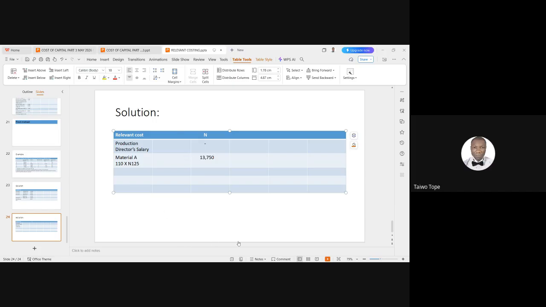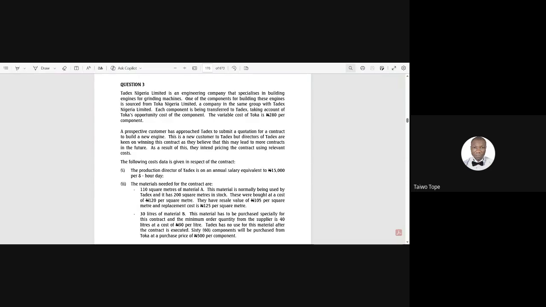The next from the question is that 30 liters of material B is needed. This material has to be purchased specially for this contract. It means we don't have it, but because of this contract, we have to go to the market to get it.